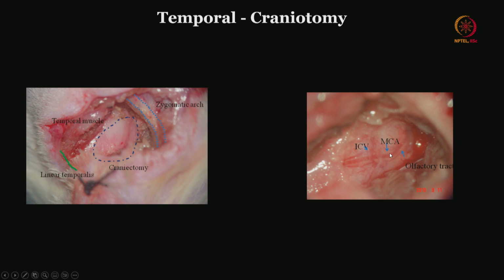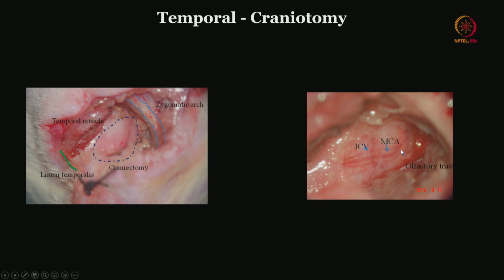Once the middle cerebral artery is exposed, you need to differentiate it from the vein that I just discussed, the inferior cerebral vein, because that should not be injured or by mistake occluded, thinking that it is an MCA. The ICV or the vein is perpendicular to the middle cerebral artery, which comes from the base of the skull.